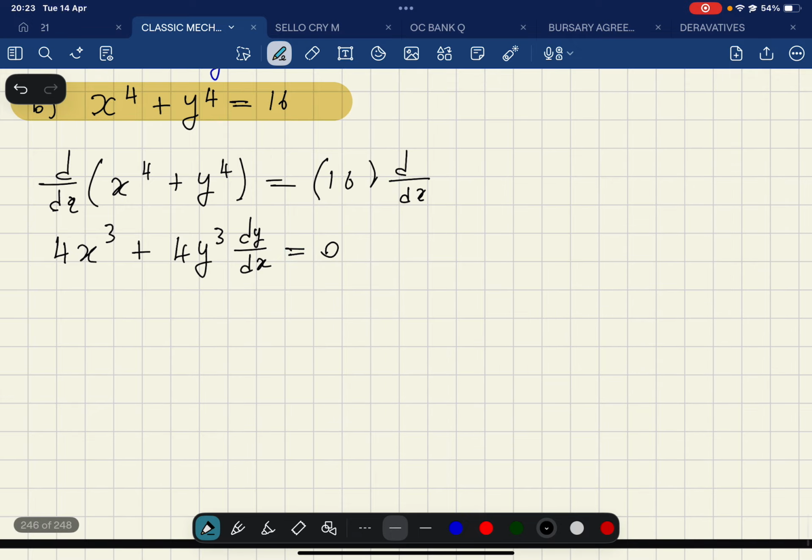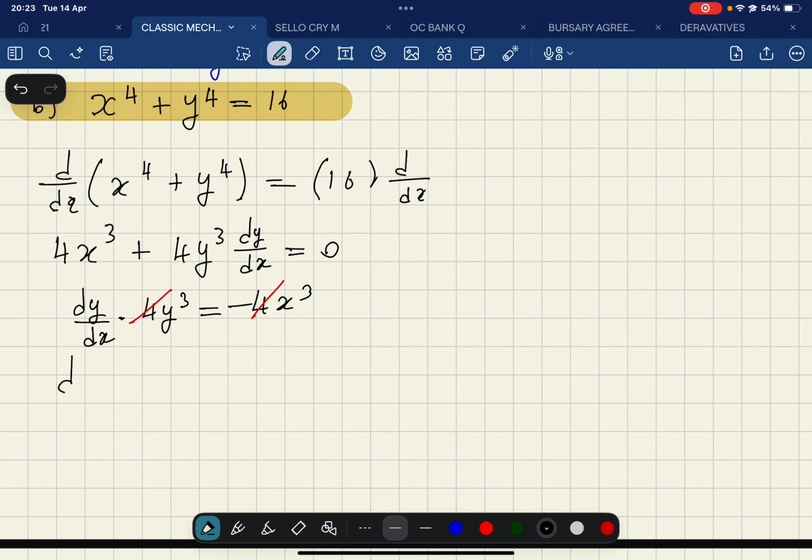We take that one on the right hand side, we are left with dy over dx of 4y cubed, which is equal to negative 4x cubed when you are taking it to the side. So this one will cancel this one.